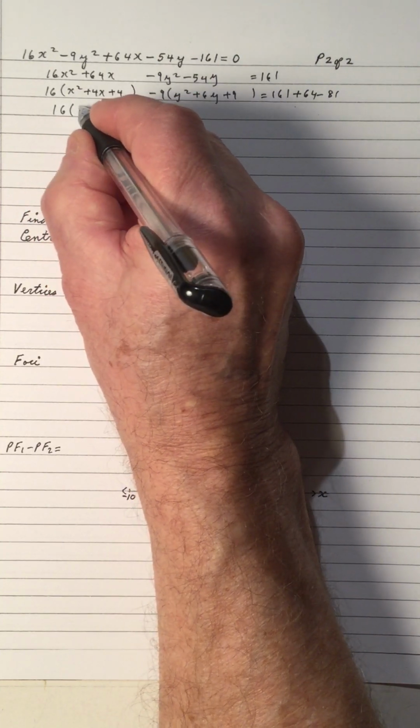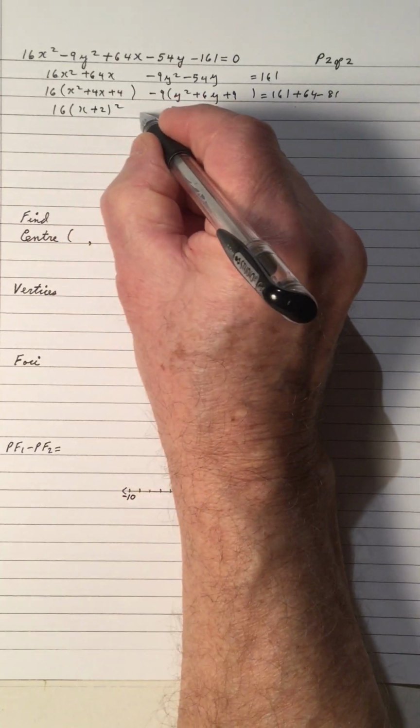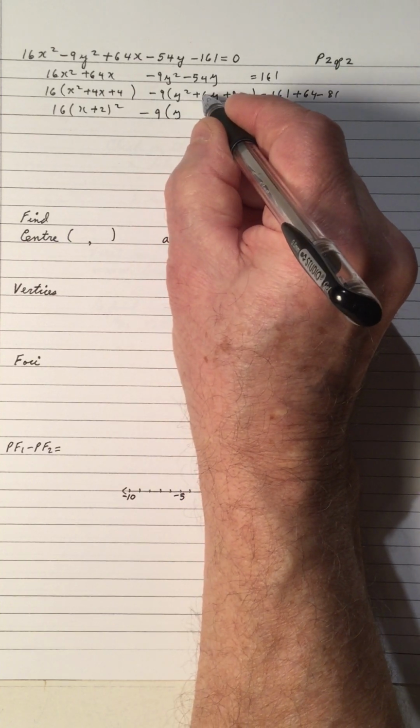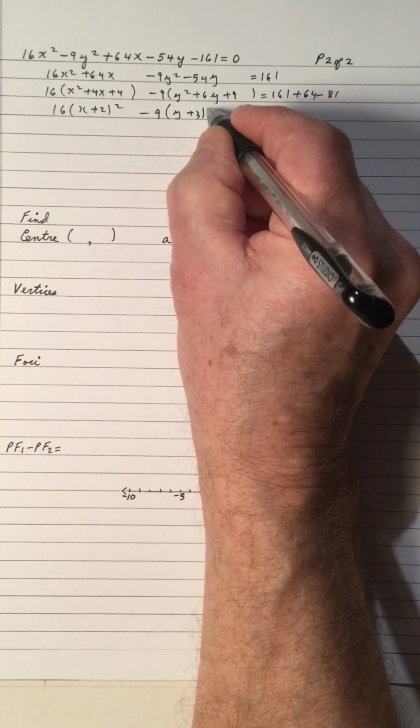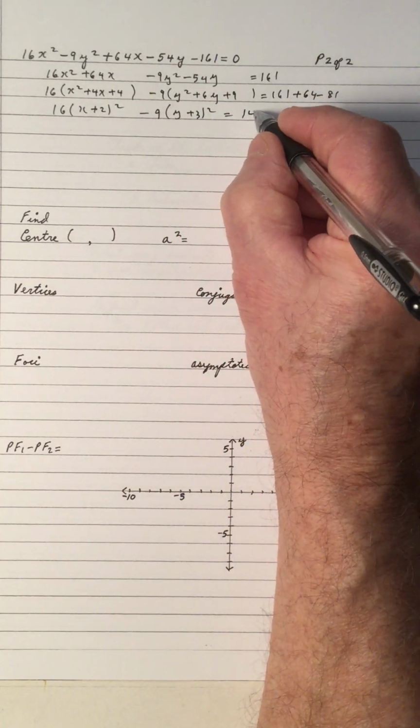The square root of x squared is x. Half of plus 4 is plus 2. And we have y squared, whose square root is y. Half of plus 6 is plus 3, squared. And this adds up to be 144.